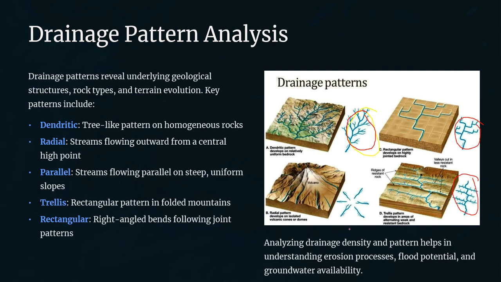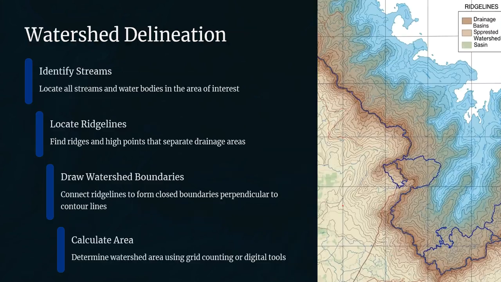Every pattern has a name. This is the centripetal pattern. So when it comes from this side, and in some cases it goes this side. When it goes out, it's called the centrifugal. When it comes inside, suppose this is the center, centripetal, right? So this is the pattern we can identify from the toposheet.